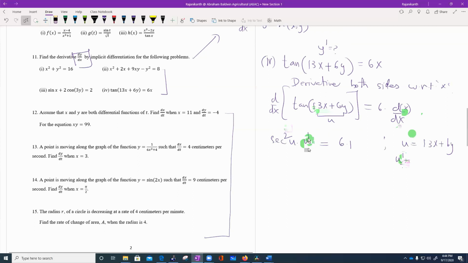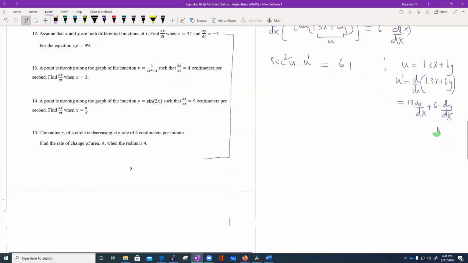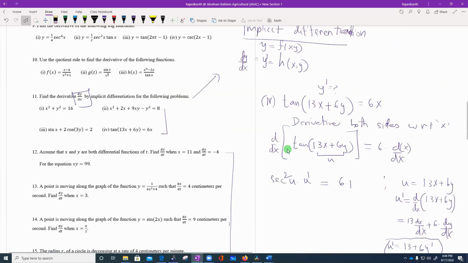Remember, u prime is du over dx of this function. Now move the differentiation inside, so you will get 13 times dx over dx plus 6 times dy over dx, which is 13 plus 6 y prime. So this is my u prime. I'm using the chain rule here. So d over dx of tangent u is secant squared u times u prime.